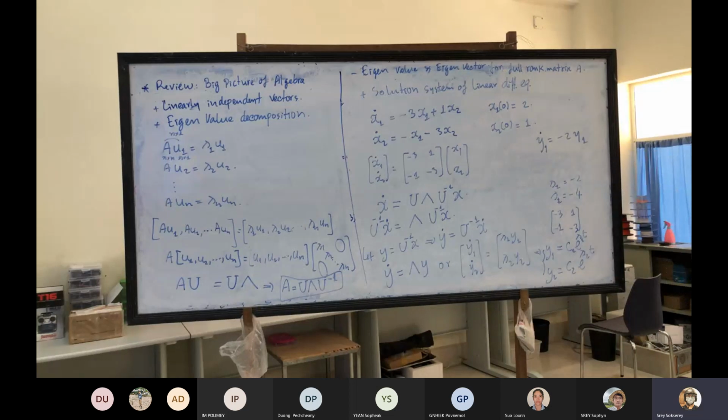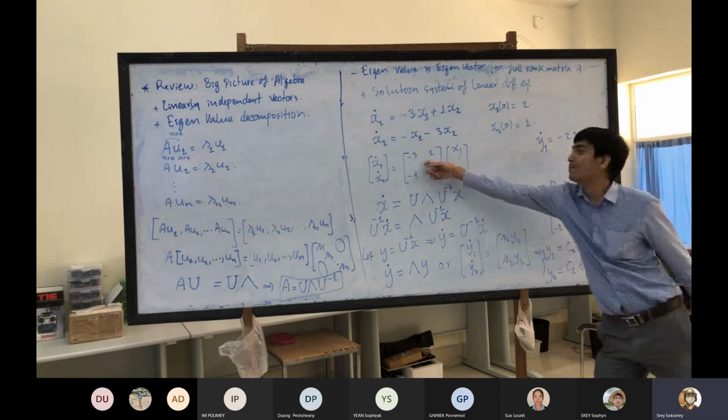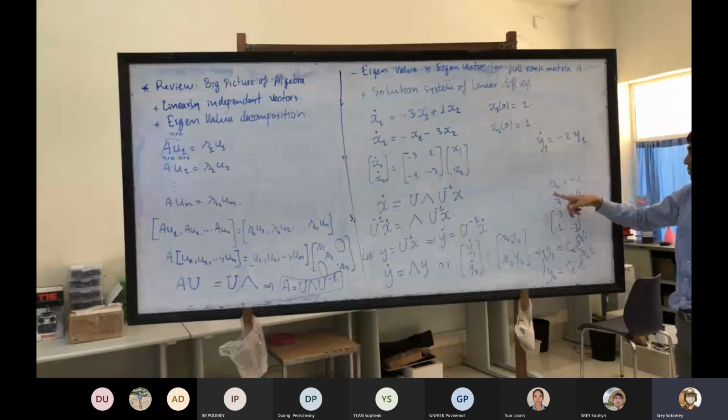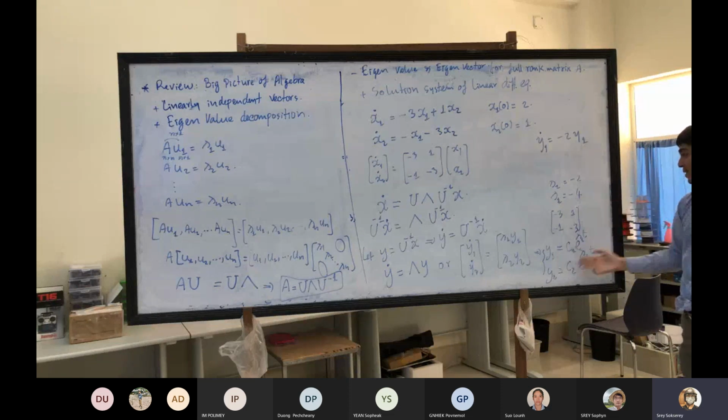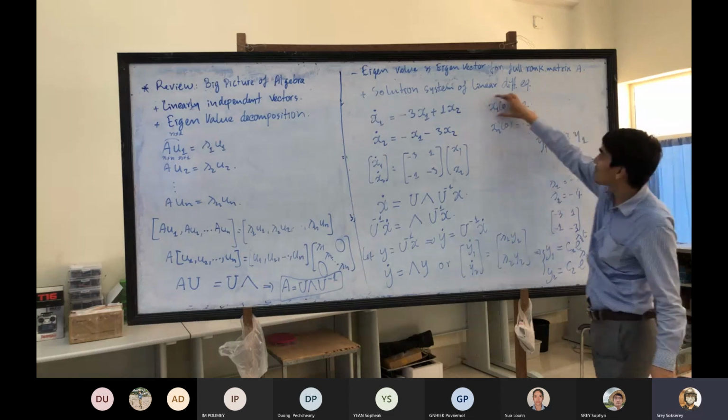It's easy to solve. For this problem, you can find lambda 1, for example, equal to -2, lambda 2 equal to -4, then you can have this. And what C1, C2 are can be found from the initial condition.